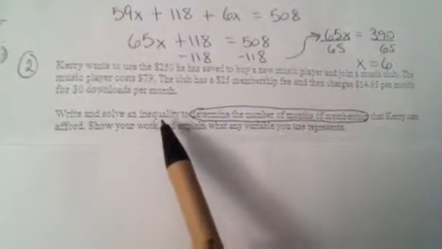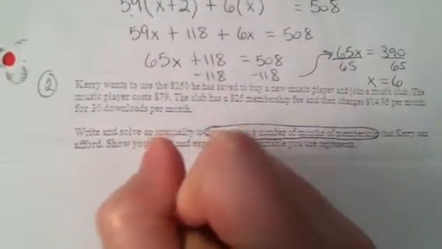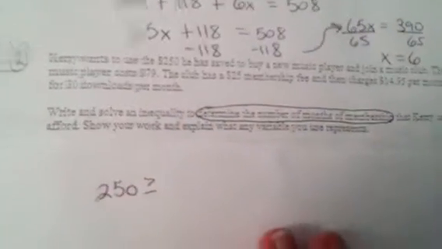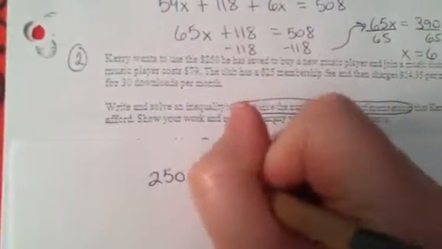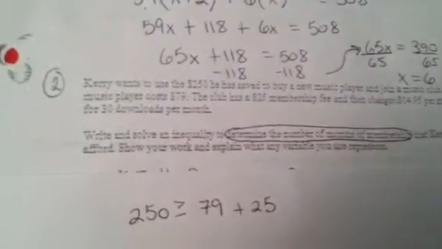Well, we're going to have an inequality, and we know that he has a budget of $250. So $250 is going to be greater than or equal to the membership fees that he incurs. We know that the music player is going to cost him $79. That's a one-time fee. There's also a one-time fee of a $25 membership fee.